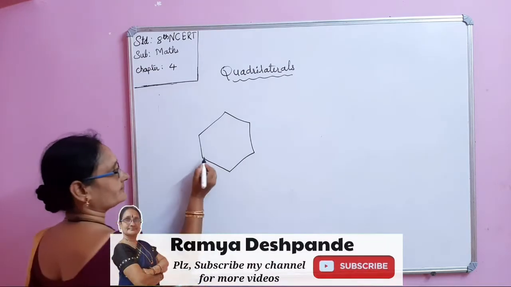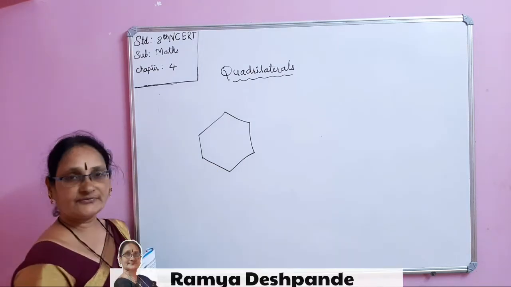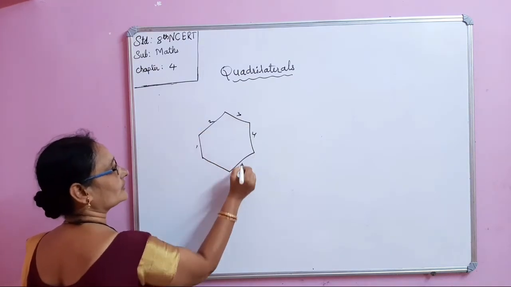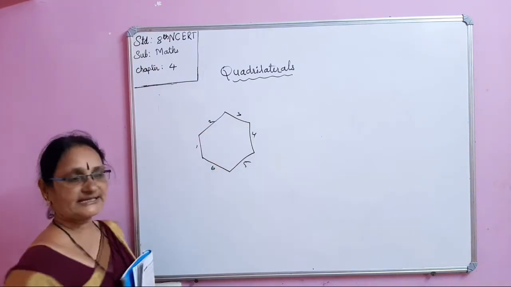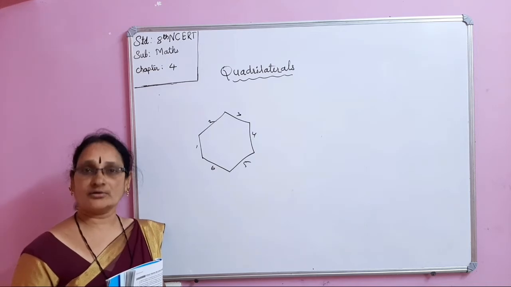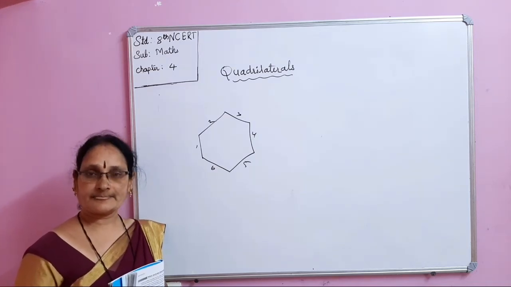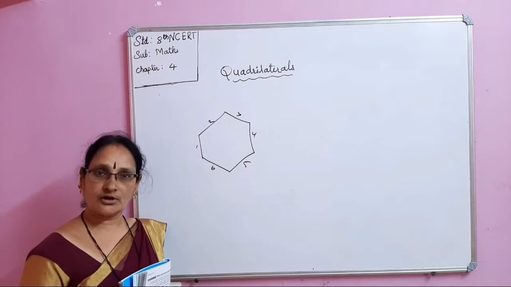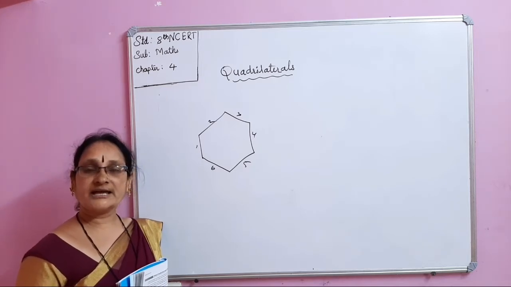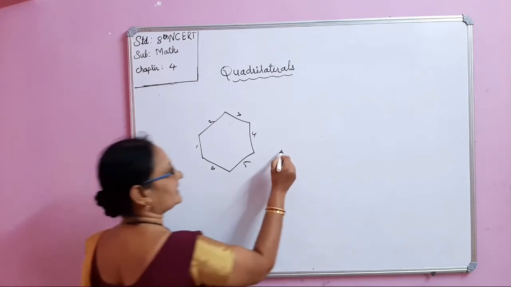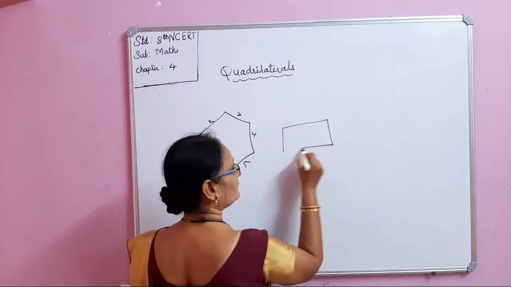Now I have drawn a 6-sided figure. This is called a hexagon. Polygon means, poly means many, gon means sides. Many-sided figures are drawn how? With the help of just line segments. See, once I start, 1, 2, 3, 4-sided figure also.